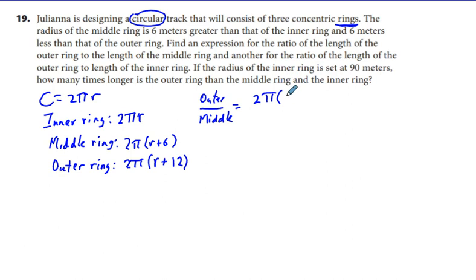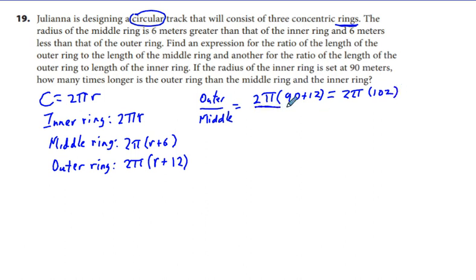Well, that's going to be 90 plus 12, and that's going to be equal to 2 pi times 102.